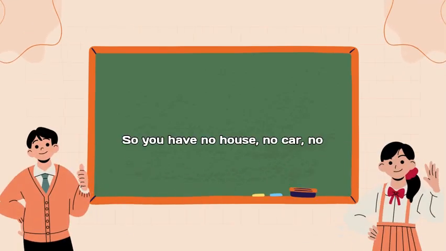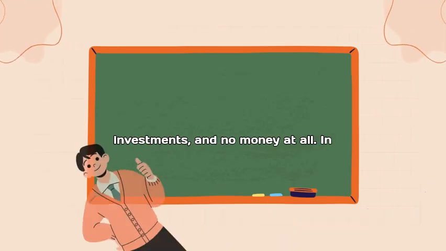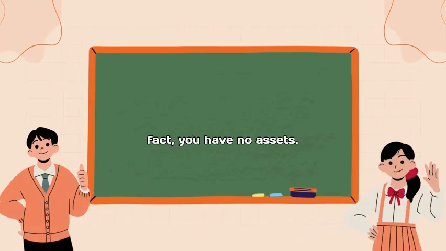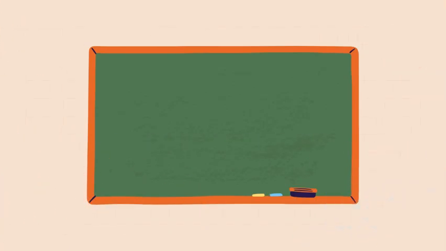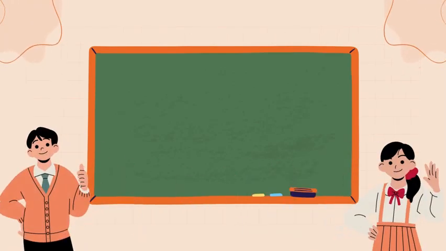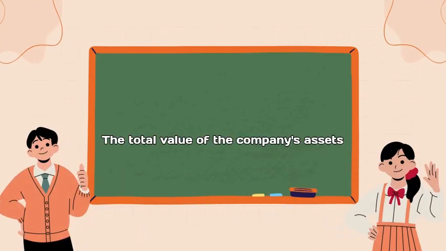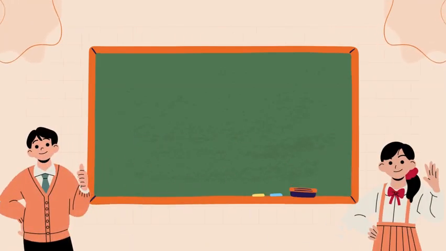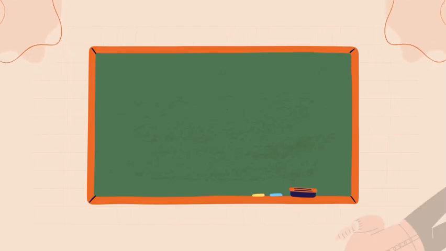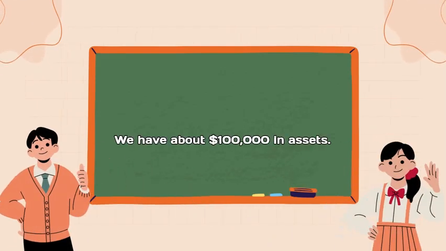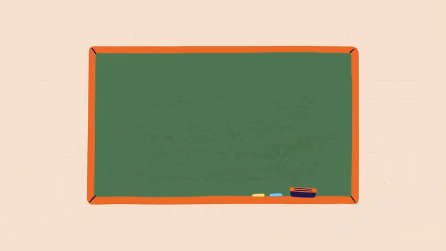So you have no house, no car, no investments, and no money at all. In fact, you have no assets. The total value of the company's assets is more than $1 billion. We have about $100,000 in assets.